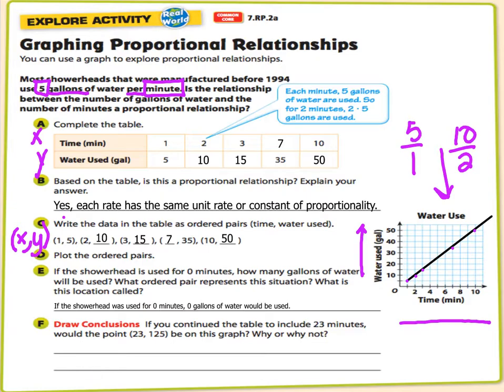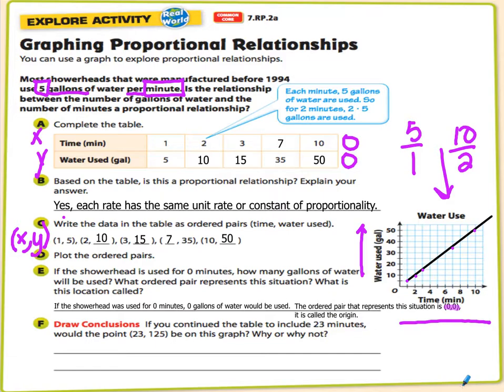On my table, it will look like this: 0 time, 0 minutes, which as an ordered pair is represented as 0, 0.